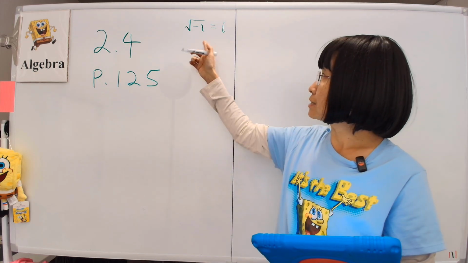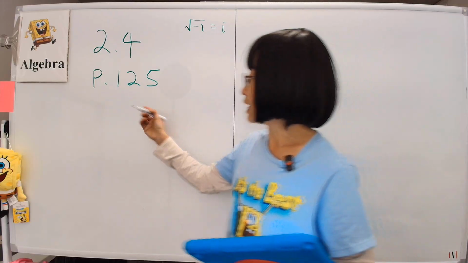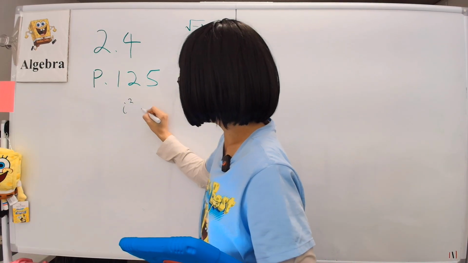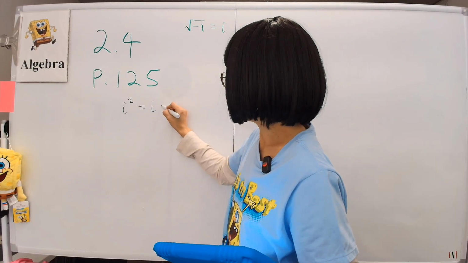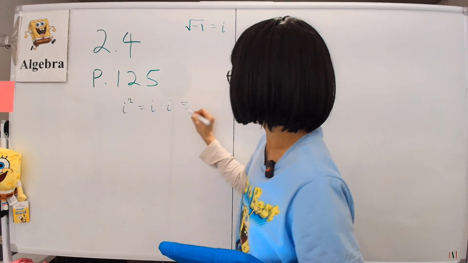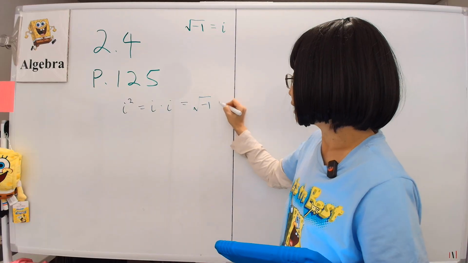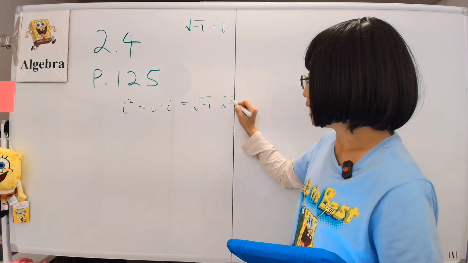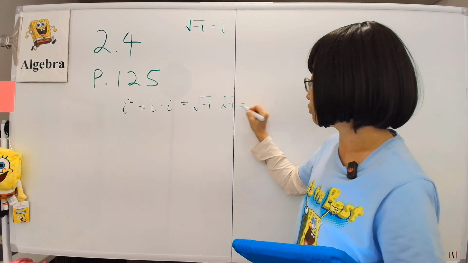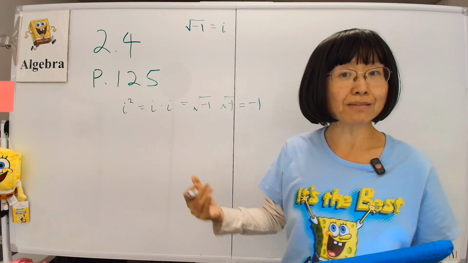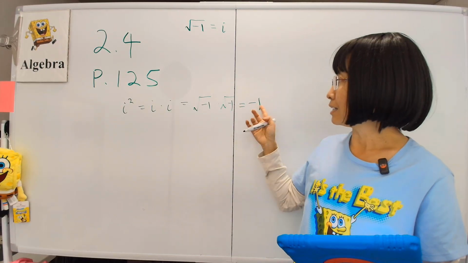And because i is the square root of negative 1, that means i squared, that is, if you take i multiplied by itself, that will be equal to the square root of negative 1 times the square root of negative 1, and that of course will equal negative 1, because any square root multiplied by itself is the number itself.